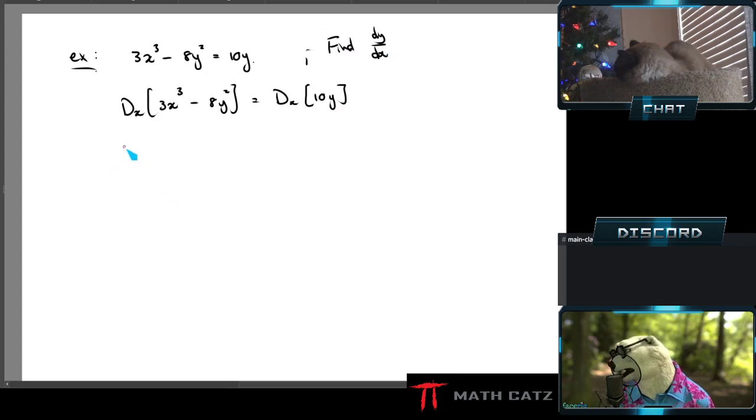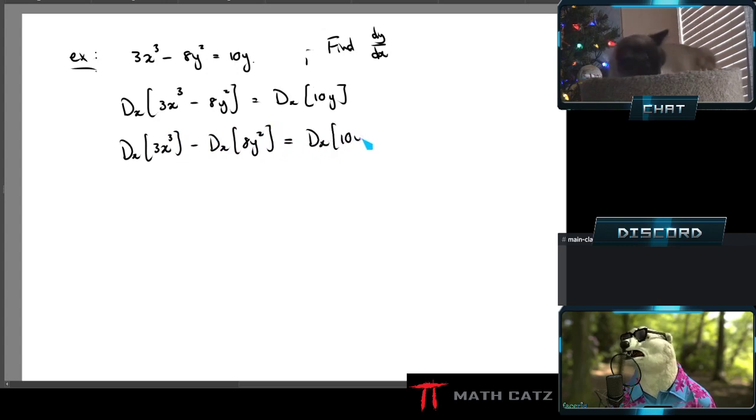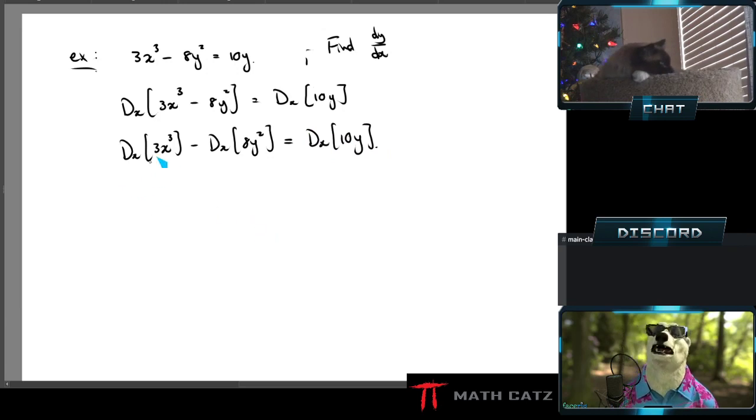Okay. Now I'll break this up by the difference property, just because I want to. 8y squared equals, handle all these derivatives in a second. Now I remember to watch out for the letters matching.